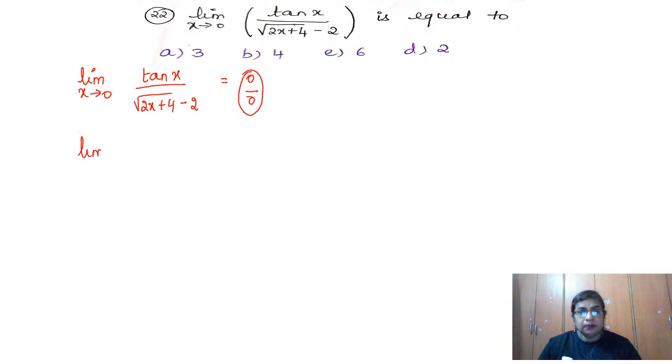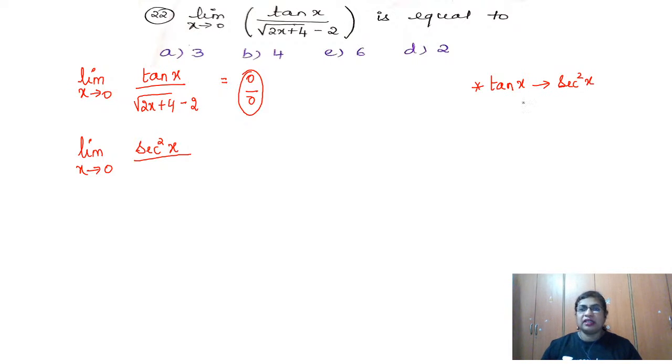So limit x tends to 0 as it is. What is the derivative of tan x? It is secant square x. So secant square x divided by the derivative of the root. We have certain derivatives: tan x derivative is secant square x. Remember my trick: secant tan, minus cosecant cot.